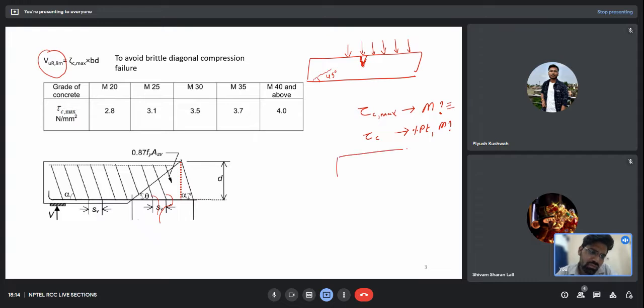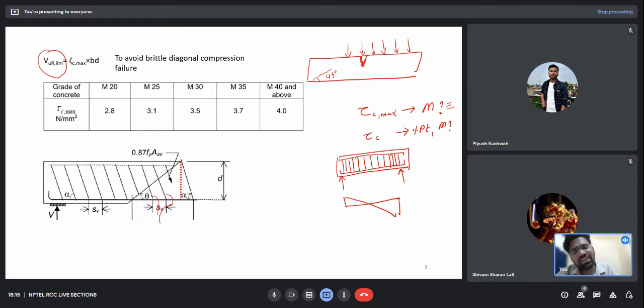And also, if you are a good designer, you can provide closely spaced stirrups near the supports, and the spacing would be more in the middle of the beam. Why is that? Because when we look at the shear force diagram, shear force is dominant at the supports.